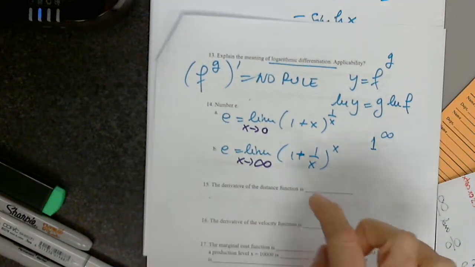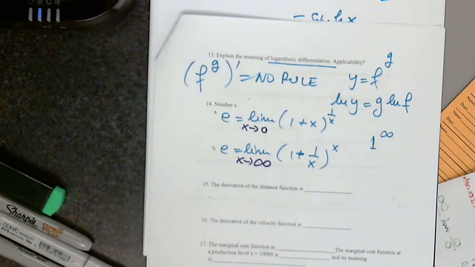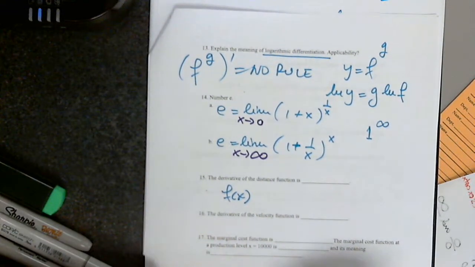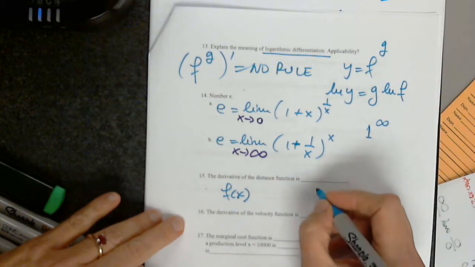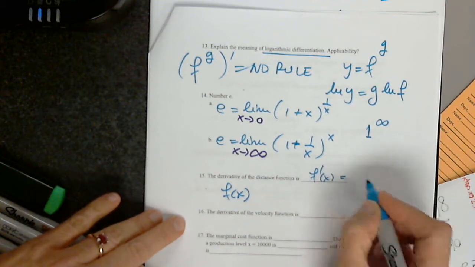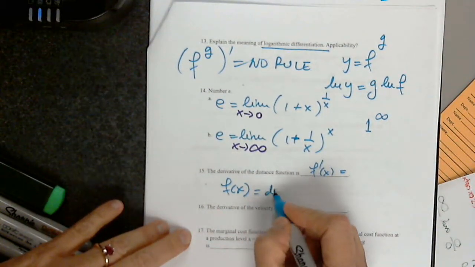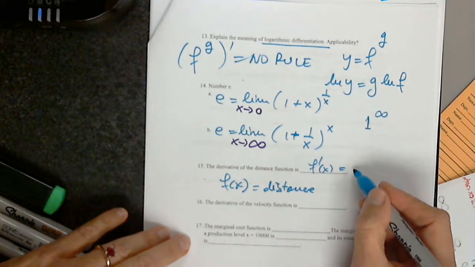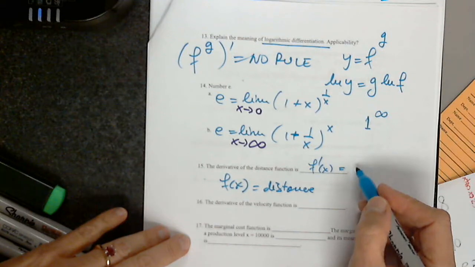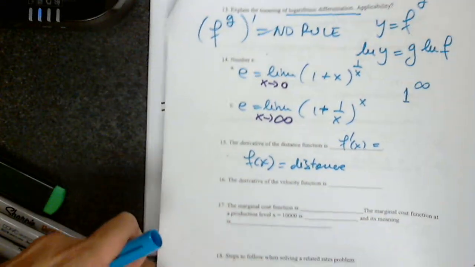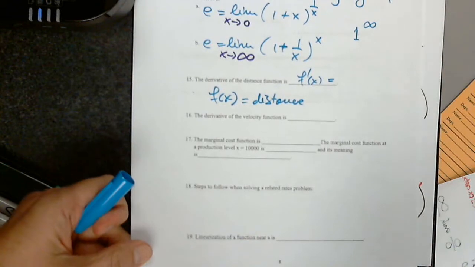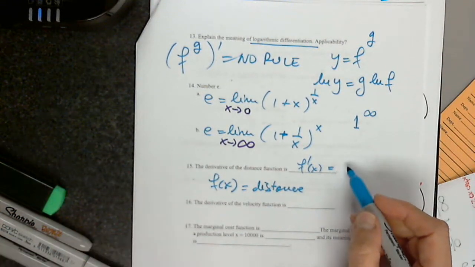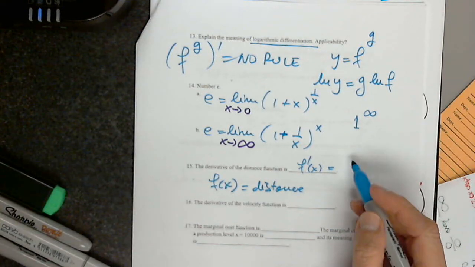The derivative of the distance function is, let's say, if I have f of x, its derivative f prime of x will be the same thing, and I'm going to say that this is the distance, also called displacement. What will this be when I differentiate the distance function? What do I always get?